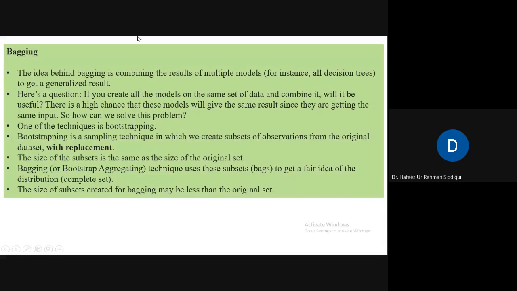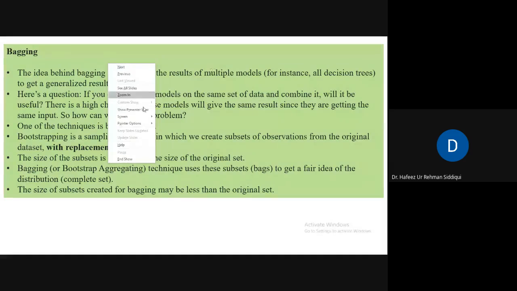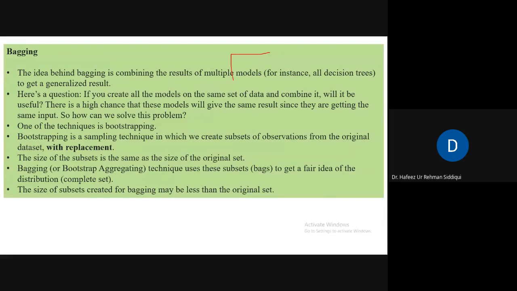With replacement means, for example, you have a big data set and you get this subset. This subset is not the same size as the whole data set, so you make copies of it and it will make you the same size. Keeping the same size, you replace the other ones with those subsets.